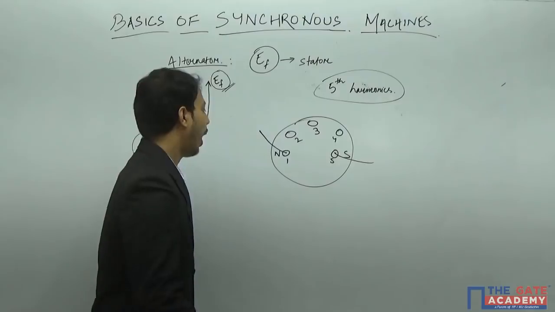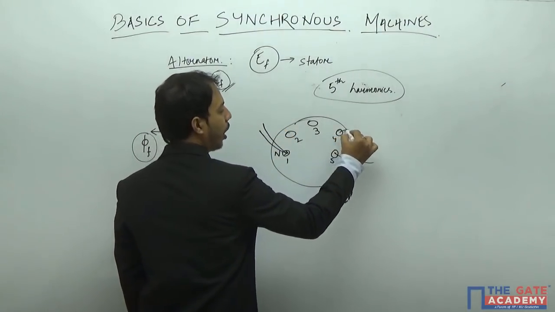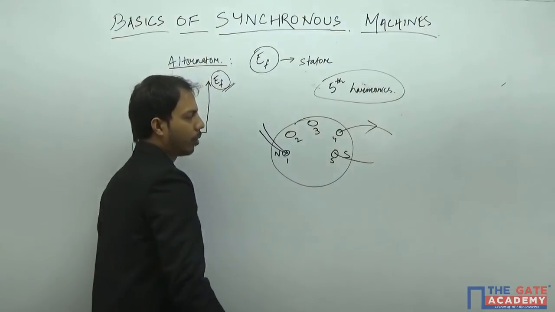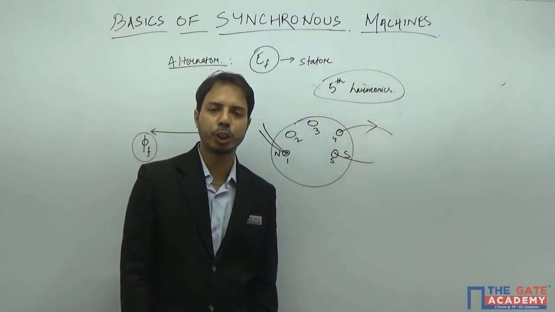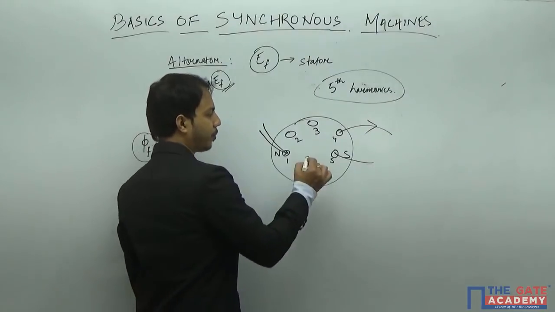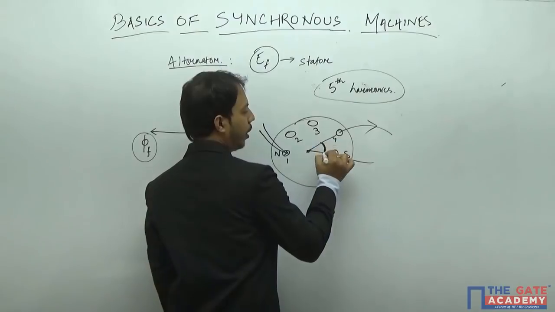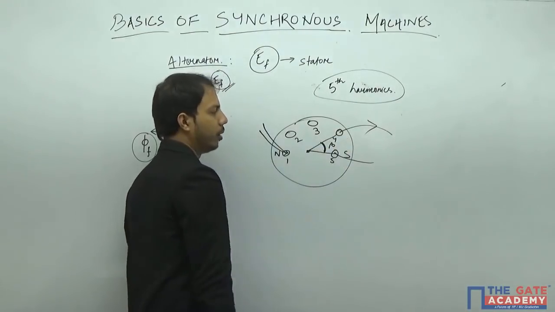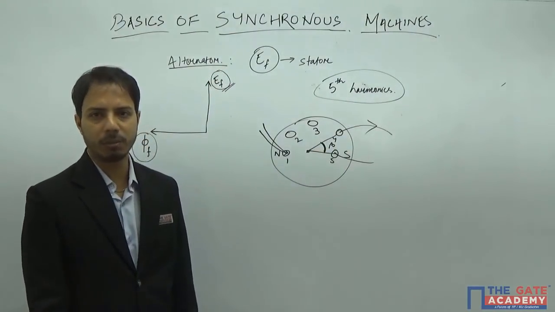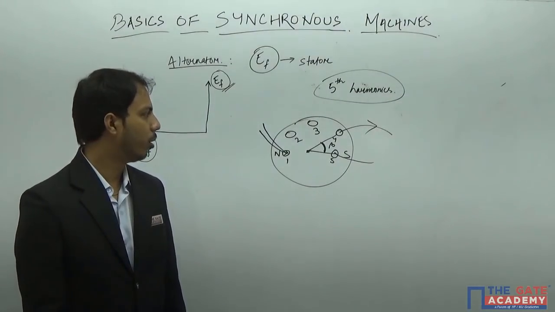Now if I put one side in 1 and it comes out from 4, then I will say it is short pitch winding. And the angle by which it is short pitched is called beta. This is called the short pitched angle, by how much I have short pitched my windings.